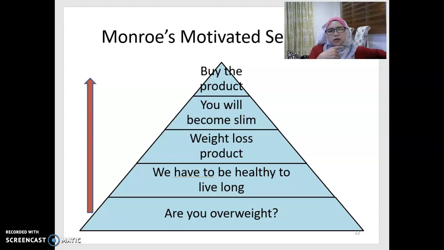So if you were to refer back to the other patterns or other sequences of how you need to organize your presentation, it always starts with a problem. Okay, you must start off with a problem and then tell them that your solution is the best solution.